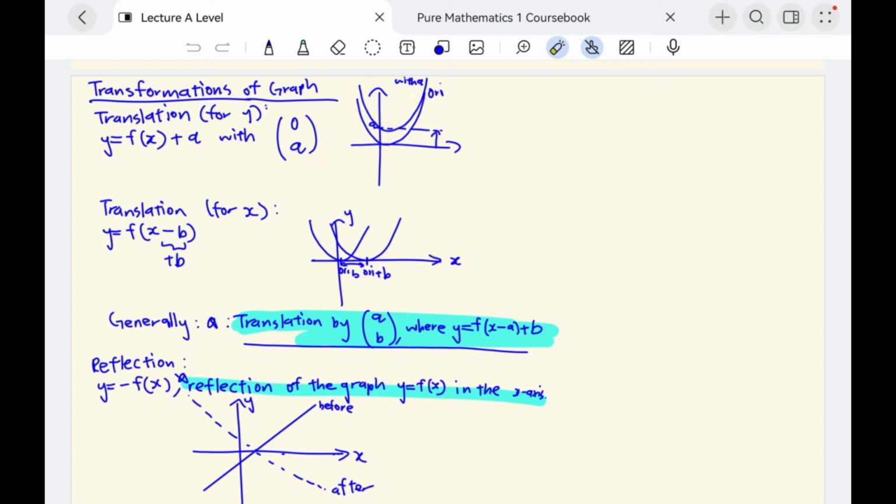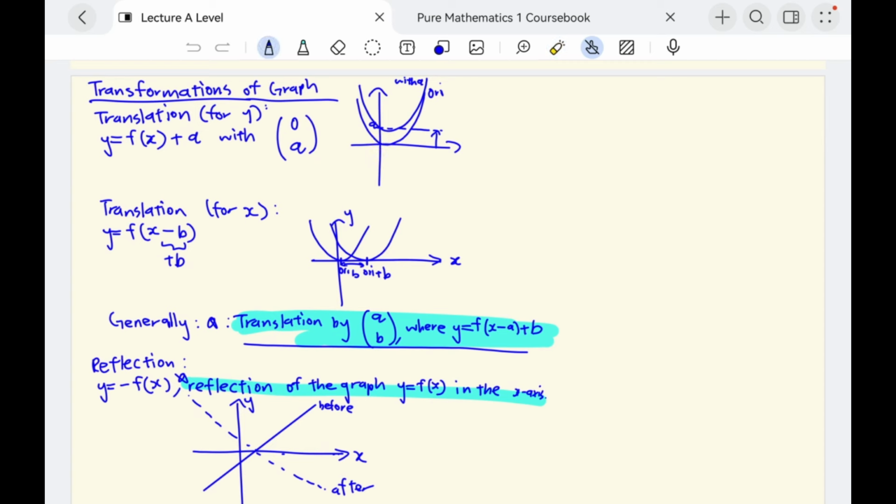When you add a units to the y, it moves up a units. That means the y-intercept moves from the original position to the new position.